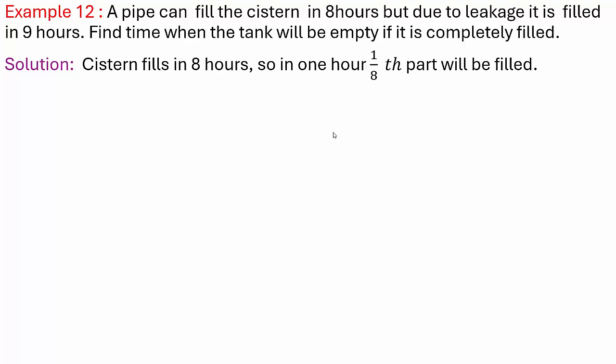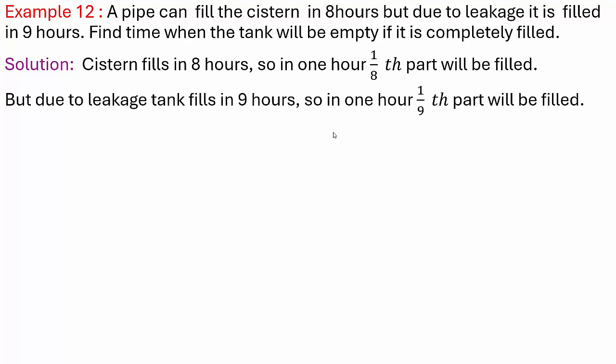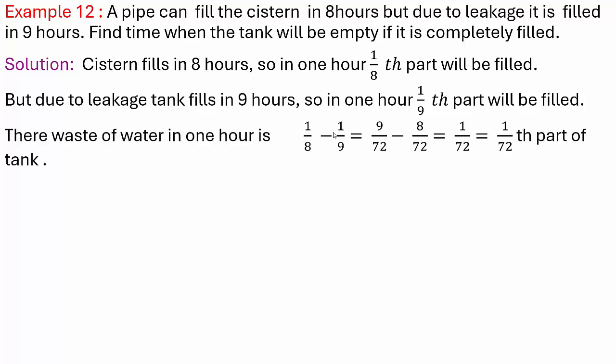But due to leakage, the tank fills in 9 hours, so in 1 hour, 1 by 9 part will be filled. Therefore, the waste of water is 1 by 8 minus 1 by 9, which is 9 by 72 minus 8 by 72 equal to 1 by 72 part, and hence the tank will be empty in 72 hours.